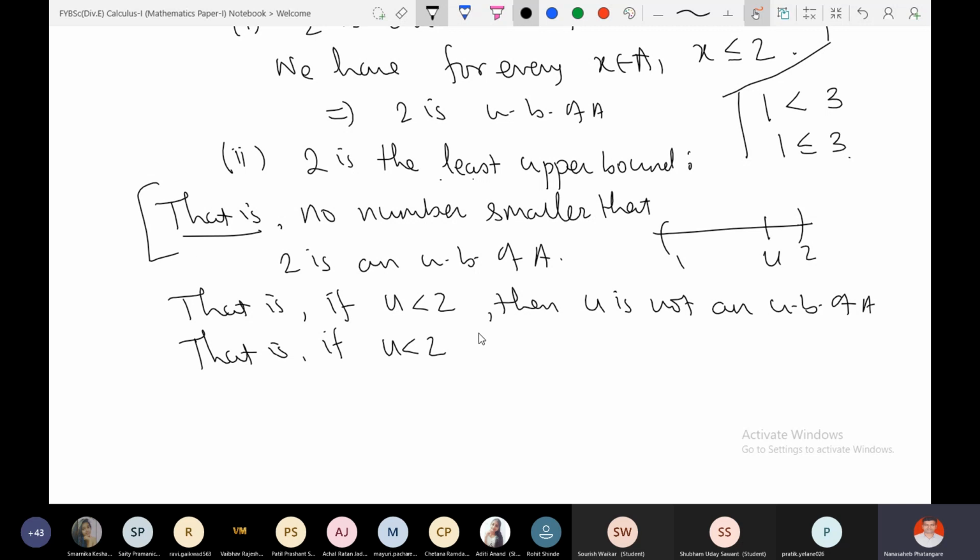This is our claim: any number smaller than 2 is not an upper bound. So if U is less than 2, then U is not an upper bound means what?